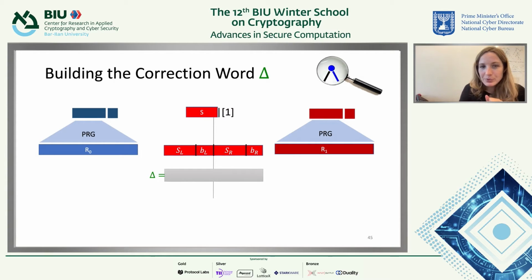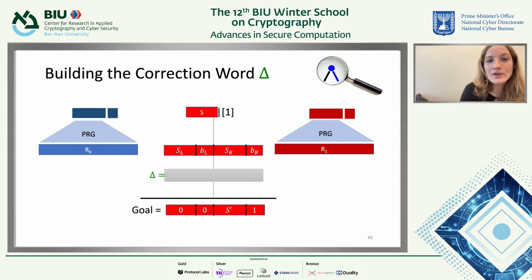And the goal is to build some delta. This is what we're doing on this slide, where the goal, once we use this conditional correction gadget, will be that I want to continue on the left with zeroed out. As I said, as soon as we go off the path, I want to force it so that the string and bit that I get on the left agrees with that.